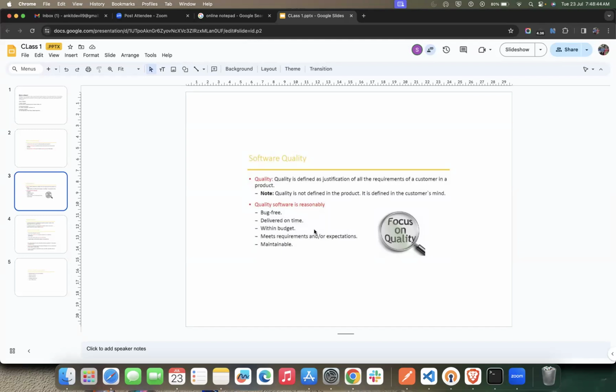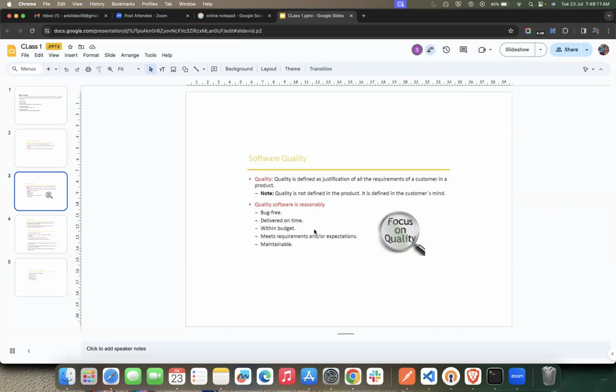A few delays are acceptable, like if a software needs to be developed in 6 months, you can take 7 months if there are certain unforeseen circumstances, but not like the contract was given for 6 months and you deliver it after 2 years. That's not acceptable.